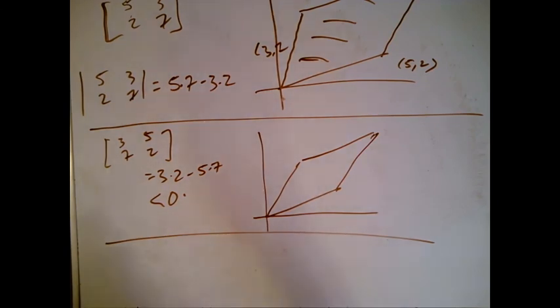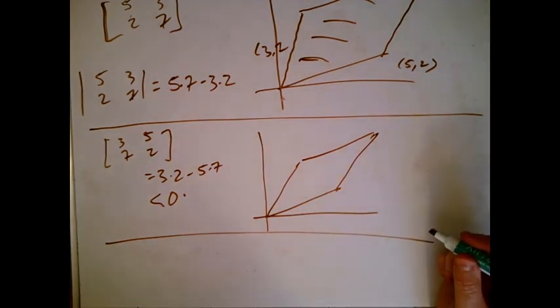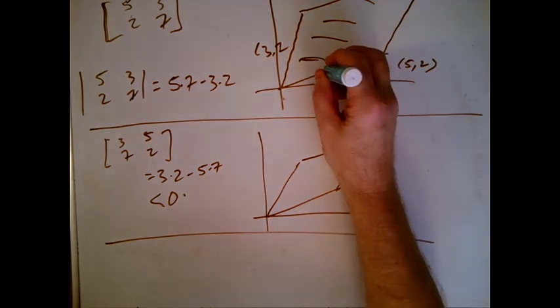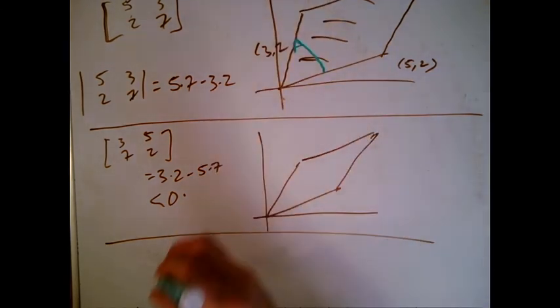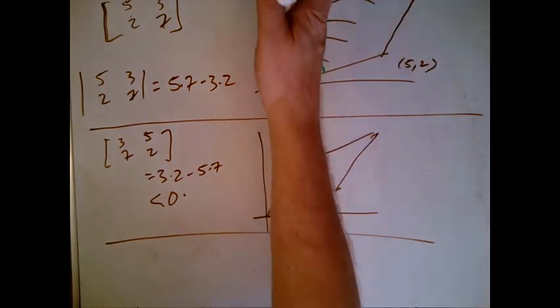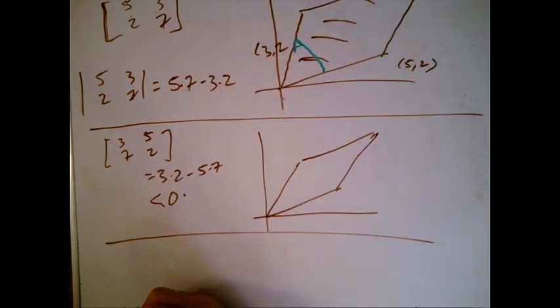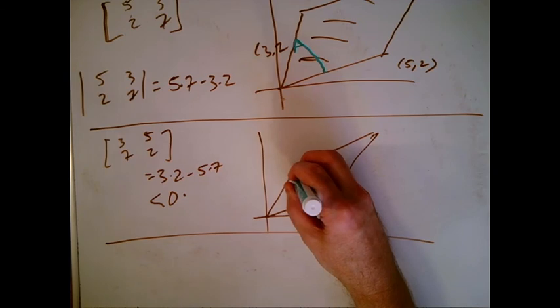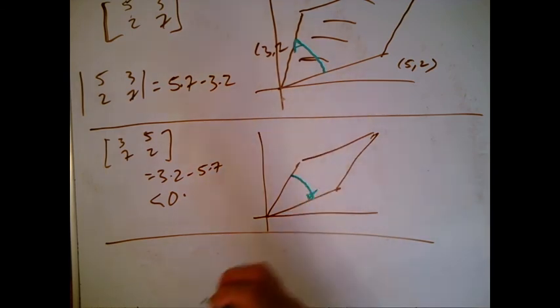Back to determinants though, what does the sign mean here? Well, it's going to turn out, and it's not that hard to show, that if I get a positive number for the determinant, that's going to mean that you can rotate the first vector in a counterclockwise direction until you hit the second vector. So the direction would be counterclockwise. That's not what happens here. If I start with the first vector and start rotating, I'm going to have to rotate it this way, which is clockwise.